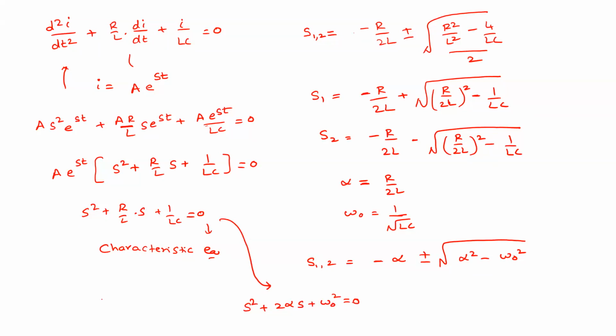S1, S2, those are the roots, so it is minus alpha plus or minus square root of alpha square minus omega naught square. In this particular case, this omega naught is known as the undamped natural frequency.